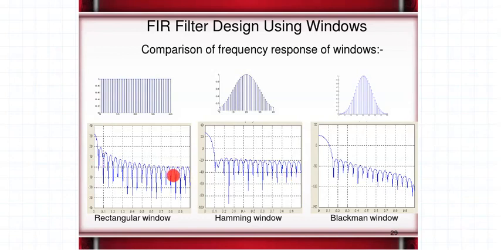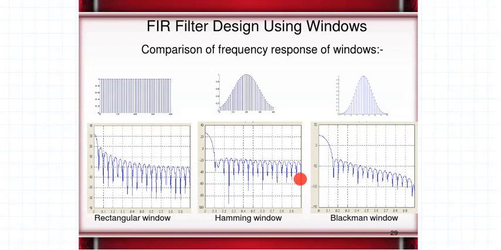So what we can comment is, when I go for the rectangular window, since the width of the main lobe is very narrow, we can get sharp filter cutoff characteristics, but at the same time we pay for it with ripples. We will get sharp cutoff with high ripples in the pass band and stop band.